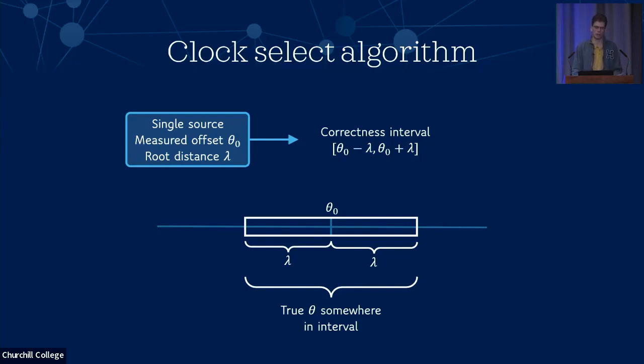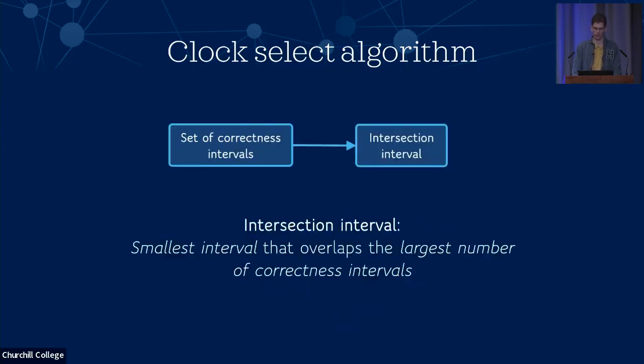And we do this for each of our sources, and we want to find the biggest overlap between them, which we call the intersection interval, the smallest interval which overlaps the biggest number of these correctness intervals. And then we label all the sources that are in the intersection interval as our set of truechimers.